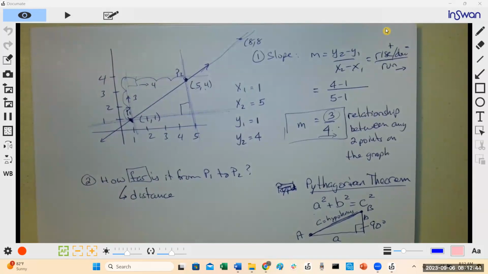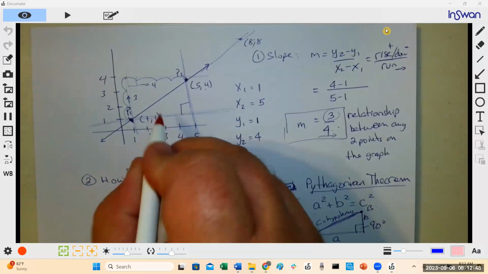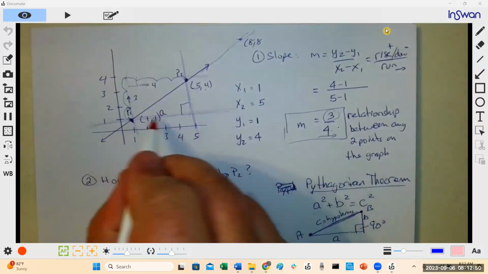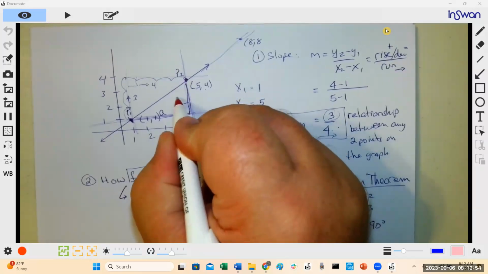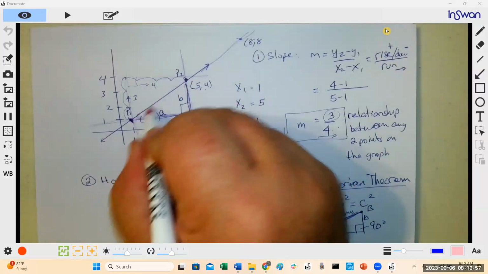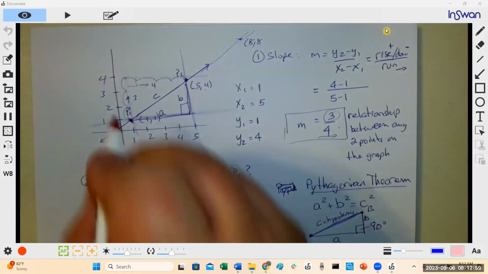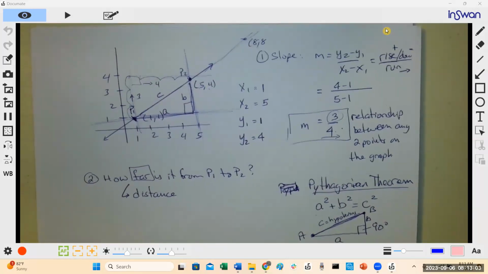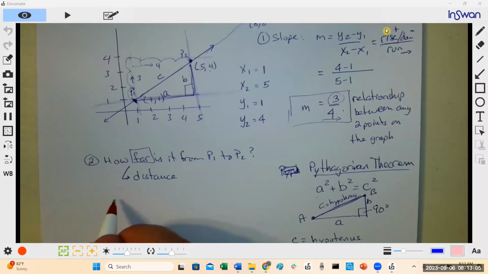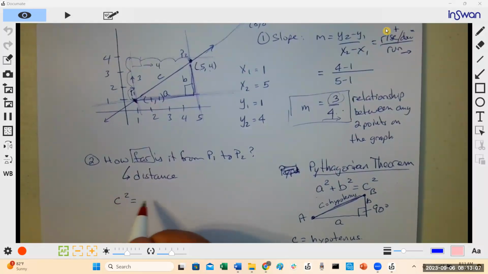It doesn't matter how you do it, you end up with right triangles, where A is the distance here, B is the distance there, and C is the distance between point 1 and point 2. So C squared equals A squared plus B squared.